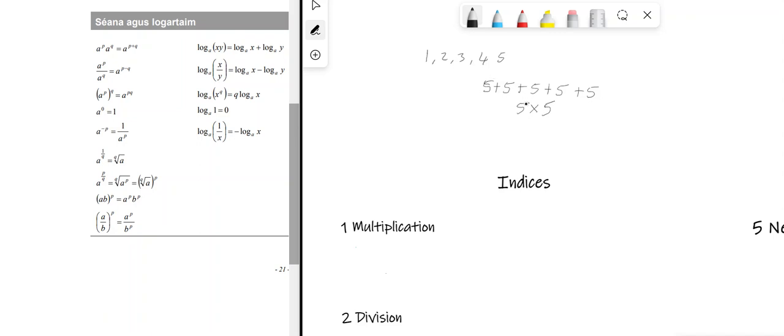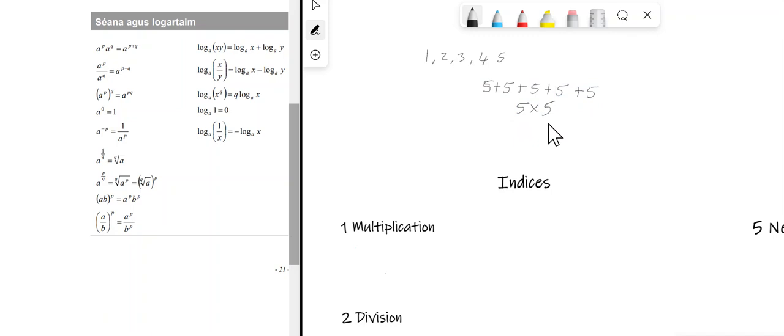These two things mean the same. 5 and 5 is 10, and 5 is 15, and 5 is 20, and 5 is 25. But instead of writing it out and taking up loads of space, we can just write 5 multiplied by 5. So multiplication is a way of shortening addition.